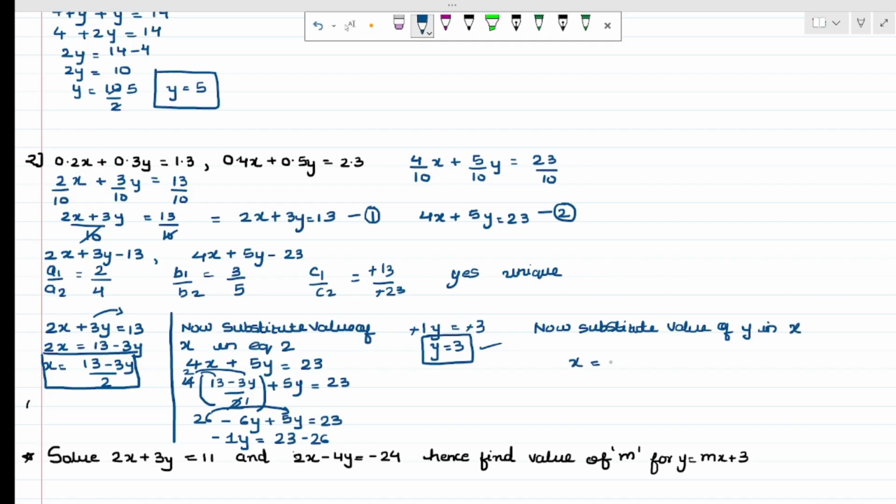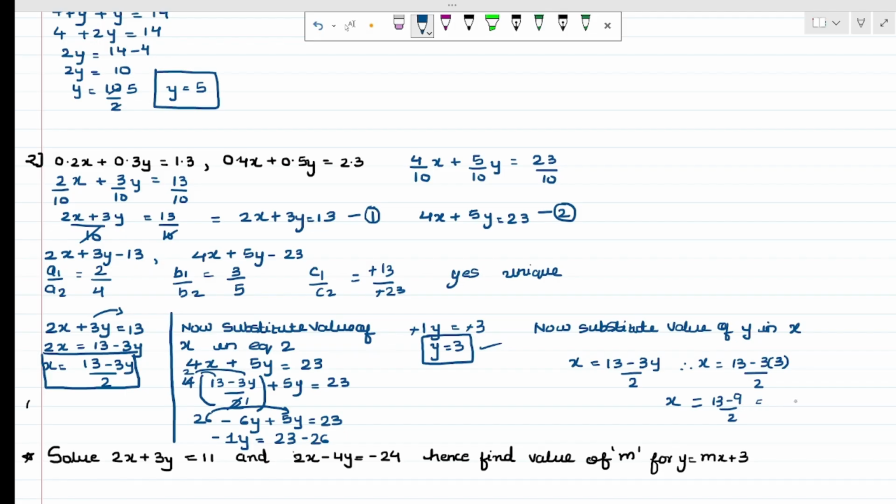Okay, what is my x? My x is equal to 13 minus 3y upon 2. So, therefore, x will become 13 minus 3 times, what is my y? It's 3, upon 2. That means x is equal to 13 minus 3 3s are 9 upon 2.